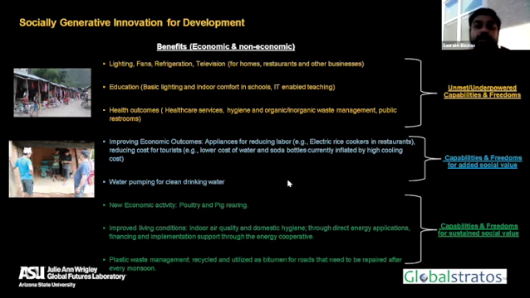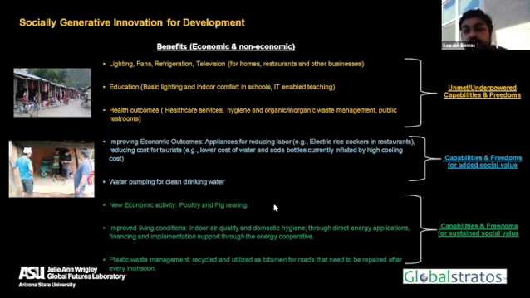So for example, appliances that improve productivity for the restaurants or reduce costs of the product for tourists. Some essential services like water pumping for clean drinking water. These are an advanced level, not very advanced, but the next level of services that can create economic and non-economic benefits in the communities, right? But these are not unmet right now. These can be done over time.